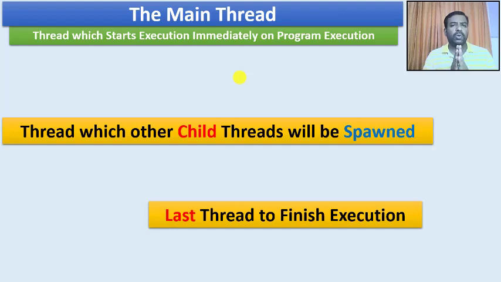This is what I told you whenever I'm going to have a child. This child thread should be created by a parent thread. If there is no parent thread, where do you create the thread? Where do you put the statement for execution to create a thread? It should happen in the main thread. This is the thread which starts the execution immediately on program execution.